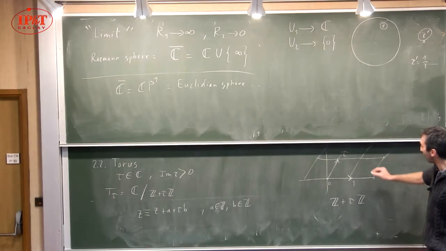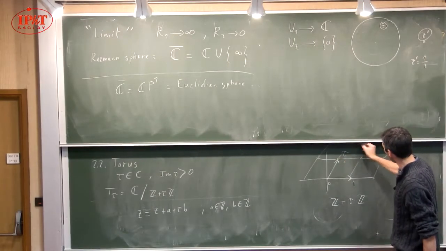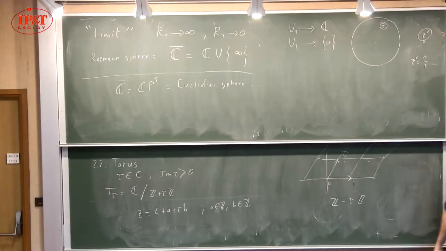So which means that I identify this point with this point with this point and so on. You can equip it with the structure of a Riemann surface.